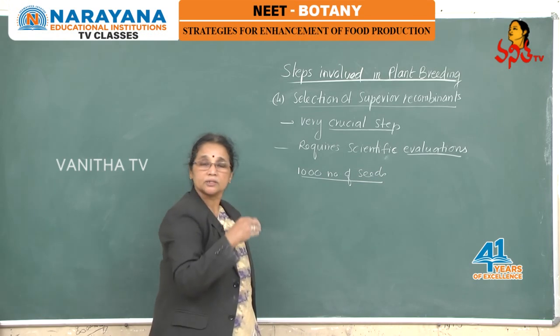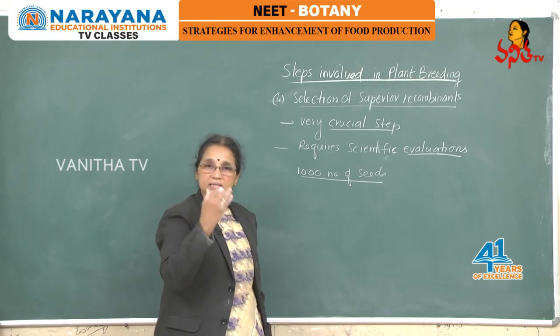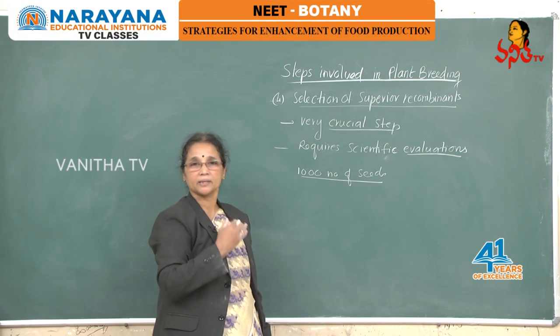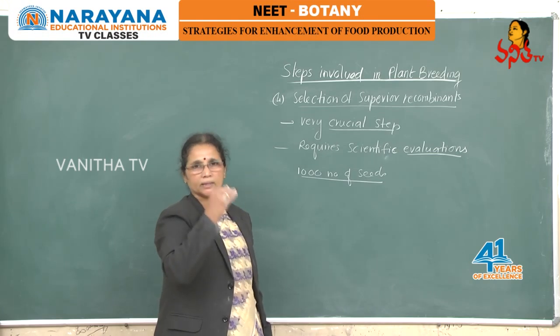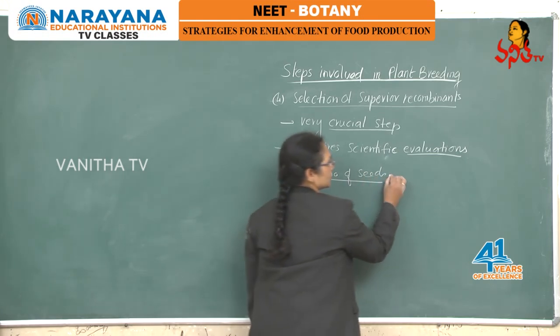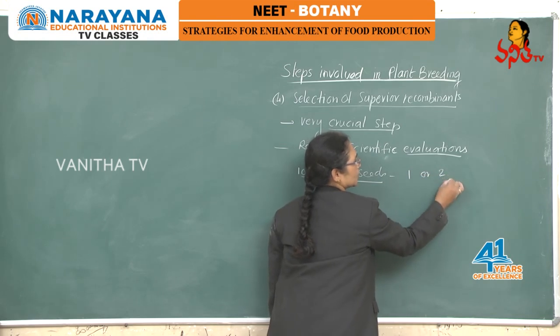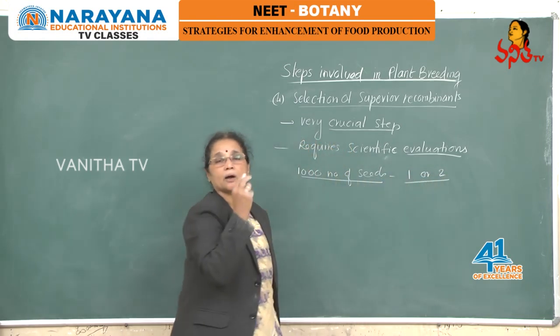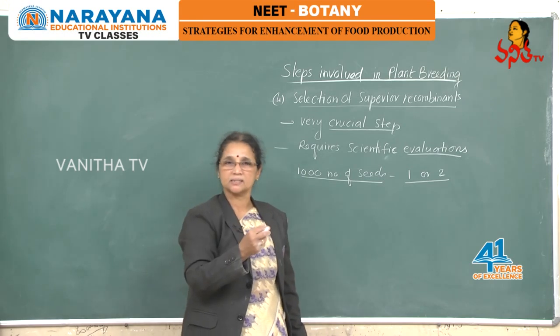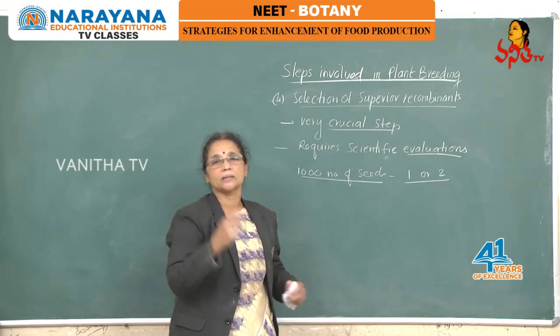Do all the 1000 seeds contain the desired characters selected from the parents? No. Out of the 1000, only one or two have the combination of the desired characters that we want to bring into one plant.